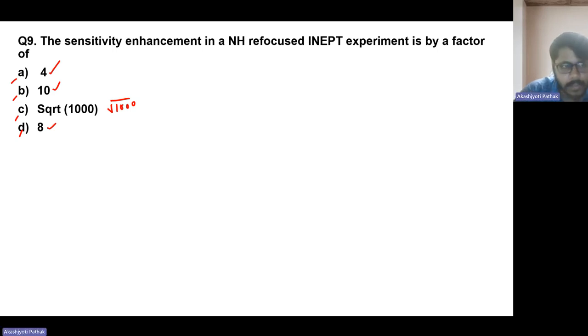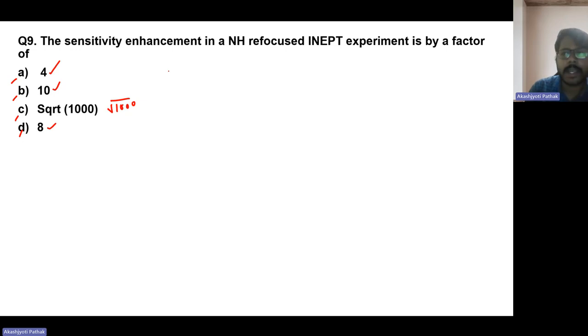So we will try to understand how to solve this question. The sensitivity of NMR, right? You know that NMR is a very less sensitive technique, because we have learned about the Boltzmann distribution.